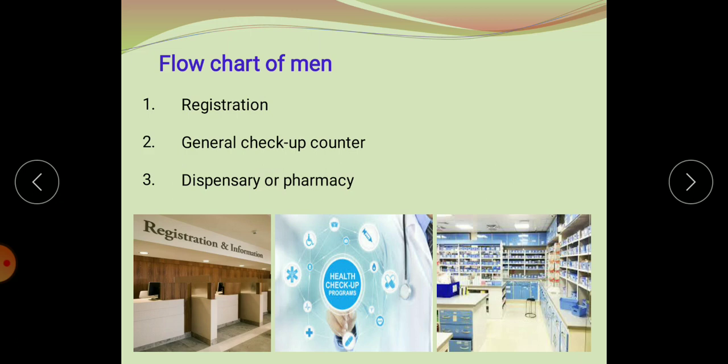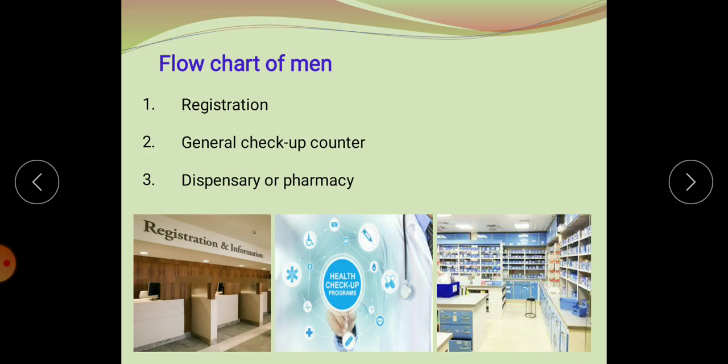dispensary or pharmacy, if the doctor has directed them to go through the medication order. This is mainly for the outpatient department. If after the clinical service the patients are referred for hospital admission, then they will be admitted to the inpatient department.